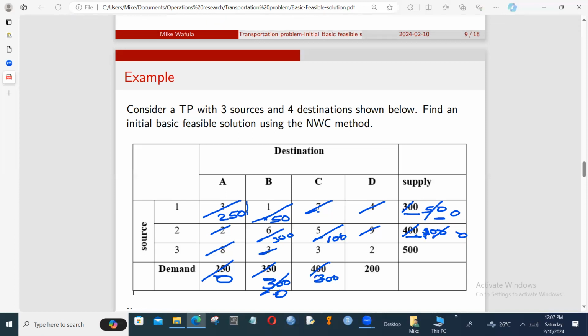Now if you have depleted source 2, destination D does not expect another unit from source 2. So you remain with the last 2 rows, and within these you cannot do much, because destination C still has 300 here. The 300 have to come here definitely, and these 200 have to just come here, because there's no other way to make this 500.